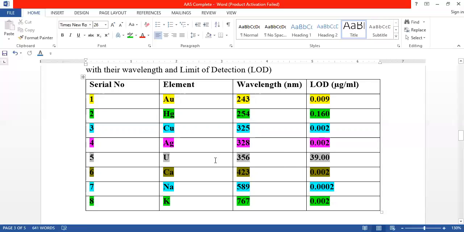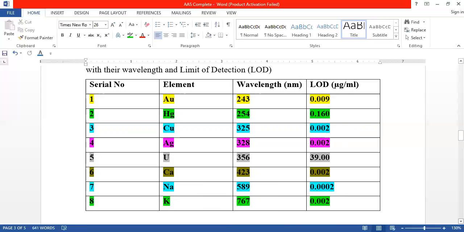39.0. Calcium: wavelength 423, limit of detection 0.002. Sodium: wavelength 589 nanometer and limit of detection 0.002, and potassium: wavelength 767 nanometer and limit of detection 0.002.